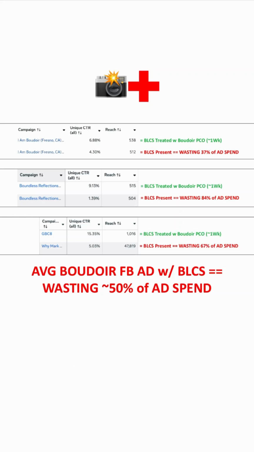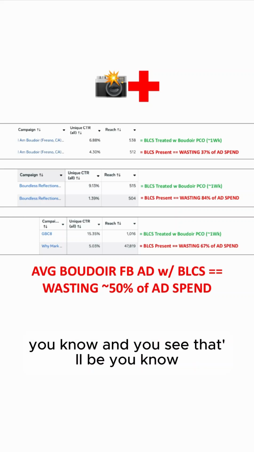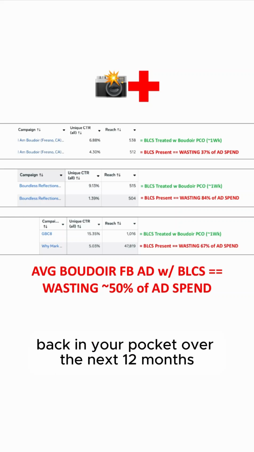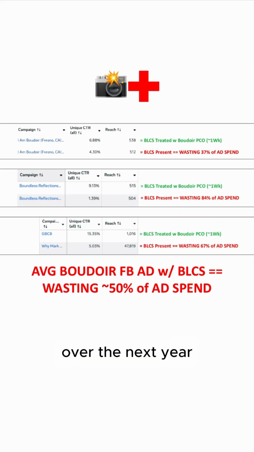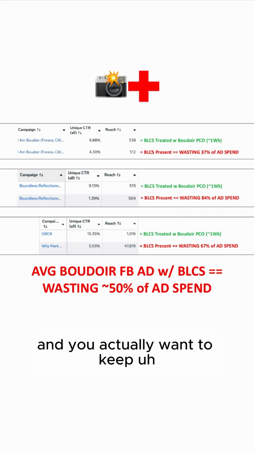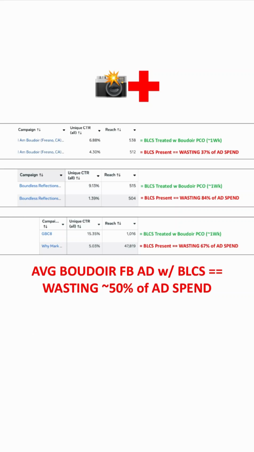That'd be approximately 60K back in your pocket over the next 12 months, over the next year. And you actually want that outcome of the Boudoir Pico treatment.